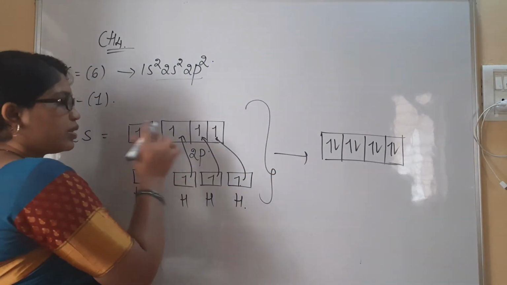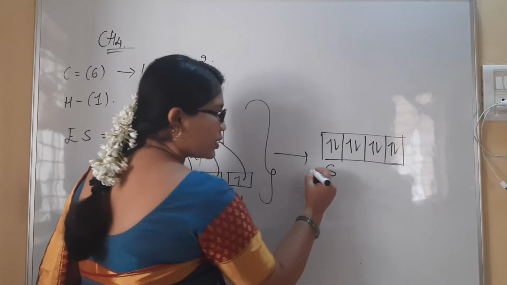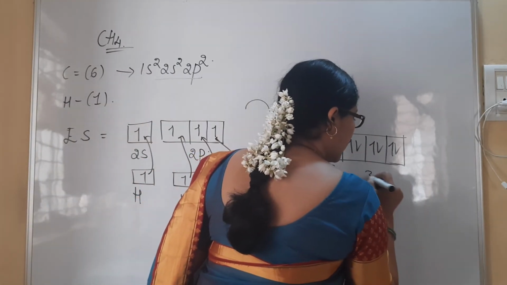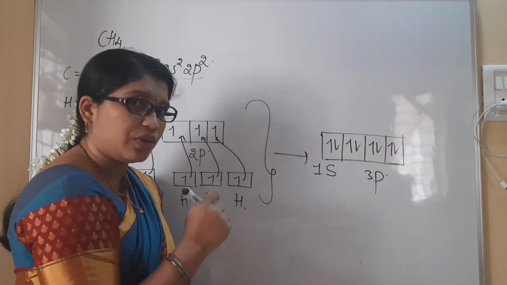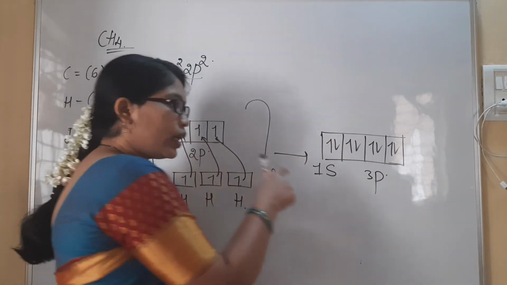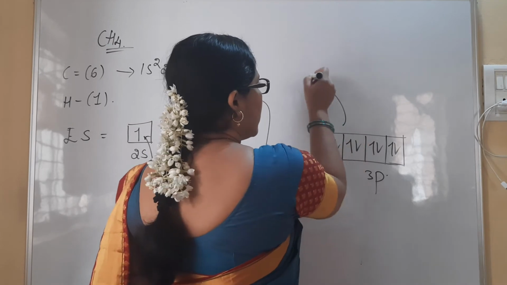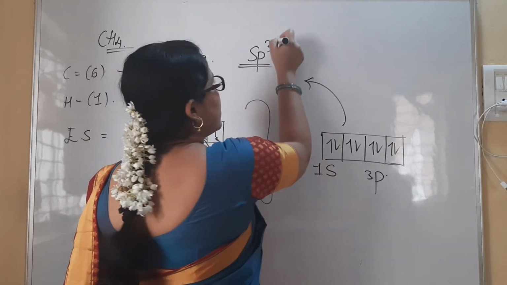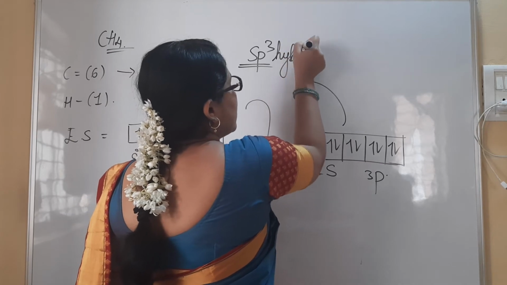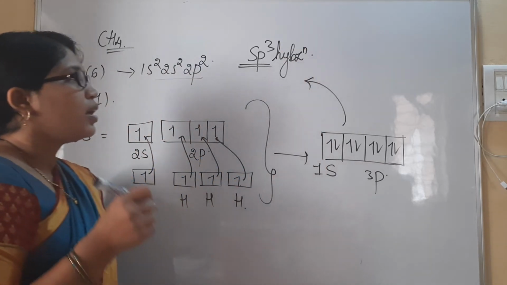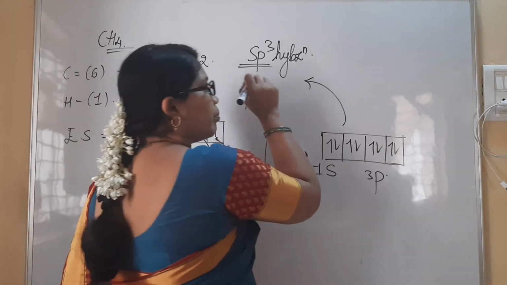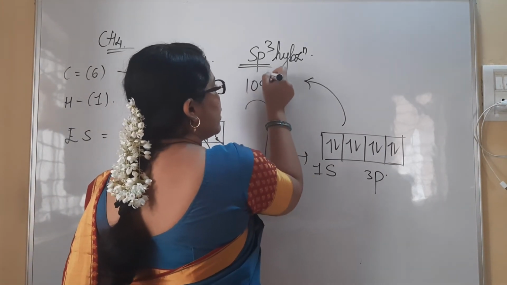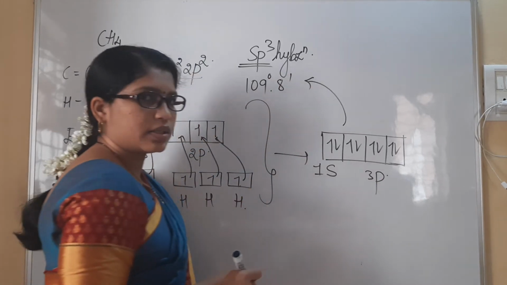Can you see? This is S. One S orbital is involved, and in total 3 p orbitals are involved. When 1s and 3p are involved, it's said to be sp3 hybridization. And the bond angle in sp3 hybridization seems to be 109 degrees 8 minutes.